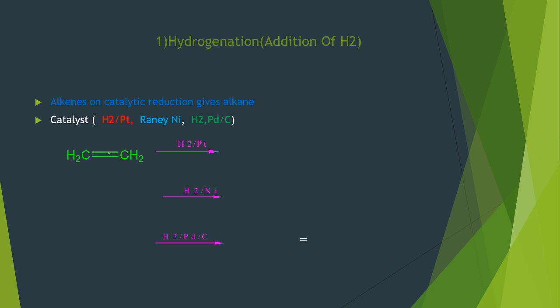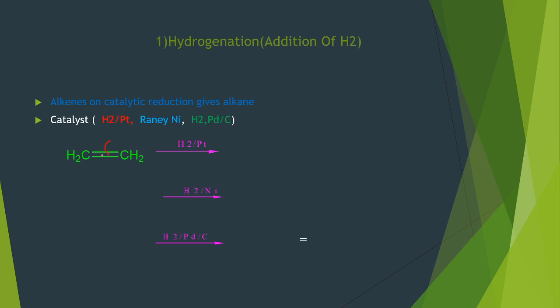So now when we break this carbon-carbon double bond, the valency of these two carbons will be free. What is the valency of carbon? The valency of carbon is 4.